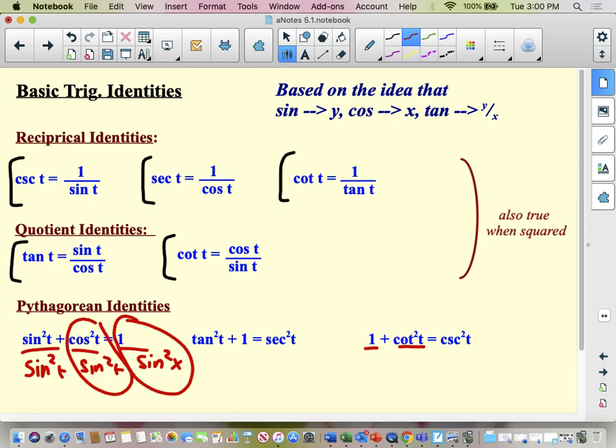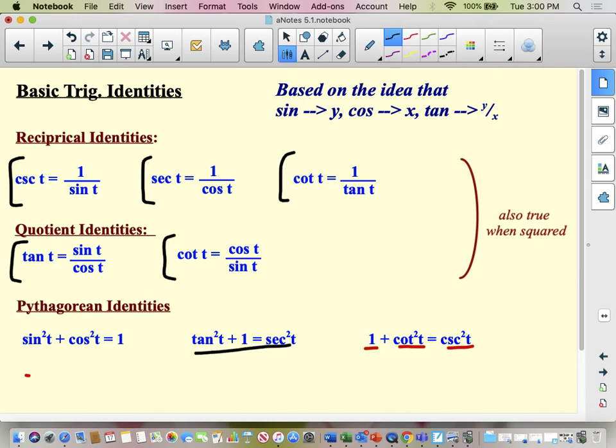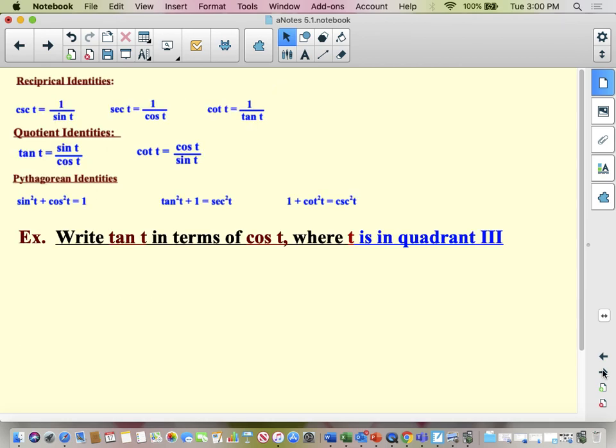Well, if 1 over sine is cosecant, 1 over sine squared is cosecant squared. And that's where that stems from. Same idea, and I won't go through that again, but if I divided everything by cosine squared instead, then I will get this middle one. Okay, so that's where the Pythagorean identities come from. But again, you don't need to memorize these, so just write them down, take a picture of this, whatever you want to do. Here's what you're going to use them for.